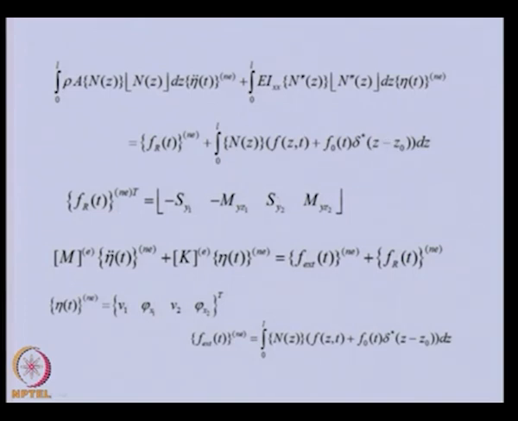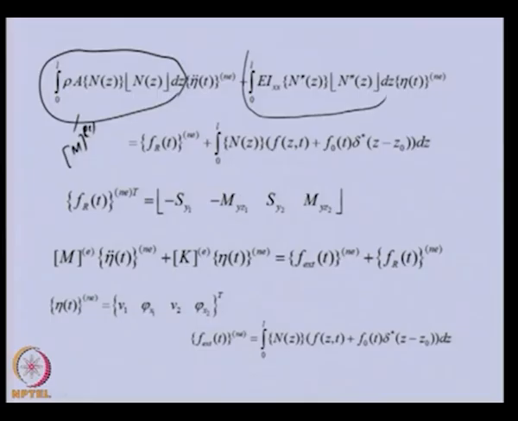So now we will represent this term as the mass matrix for the element, and this term as the stiffness matrix for the element. This is the external force belonging to this particular vector, and the reaction force belonging to this.